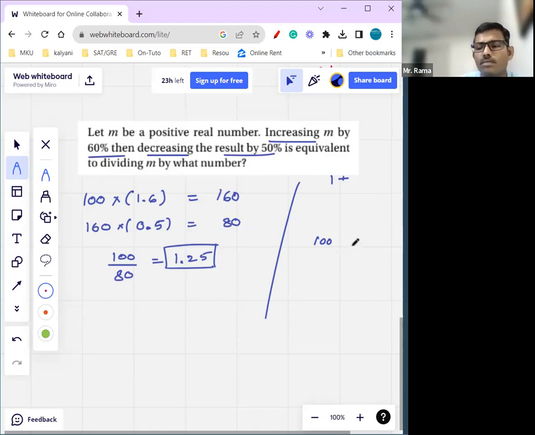Next time you come back, because of the inflation, it went up by 60%. So you are paying first 60% of the $100, which is $60, plus your $100 at the beginning. So you're paying $160.